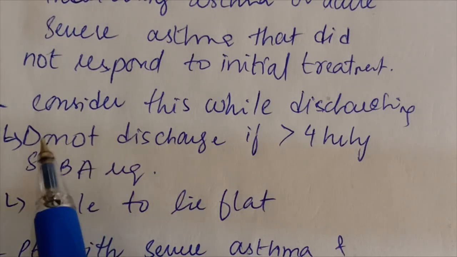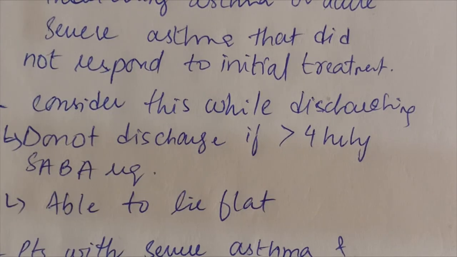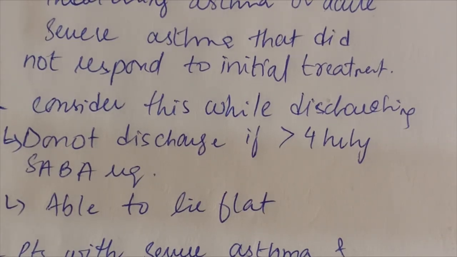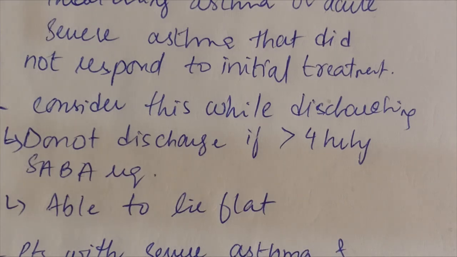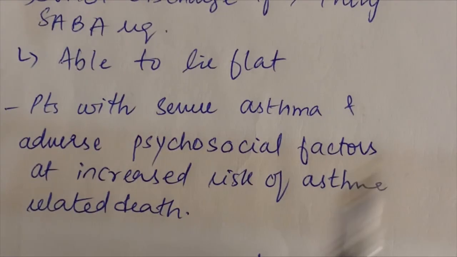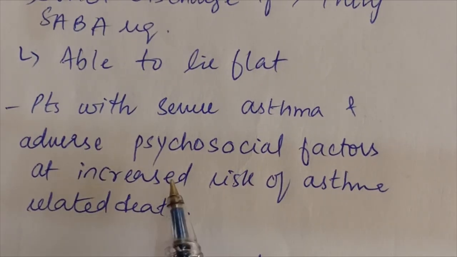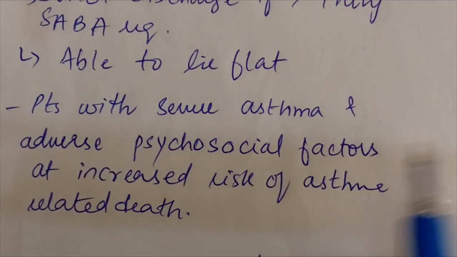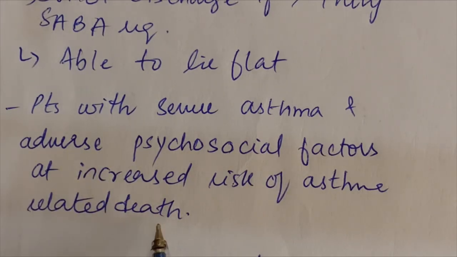We do not discharge the patient if he requires SABA more frequently, that is with less than a 4 hourly gap, or if the patient is not able to lie flat. Patients with severe asthma and adverse psychosocial factors are at increased risk of asthma related death.